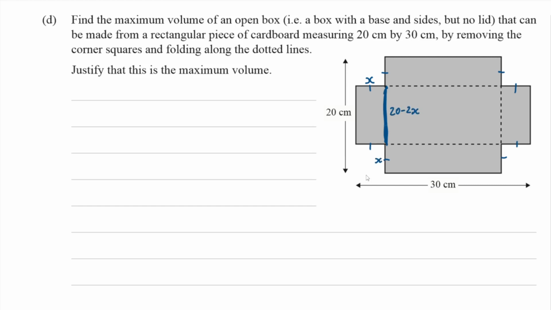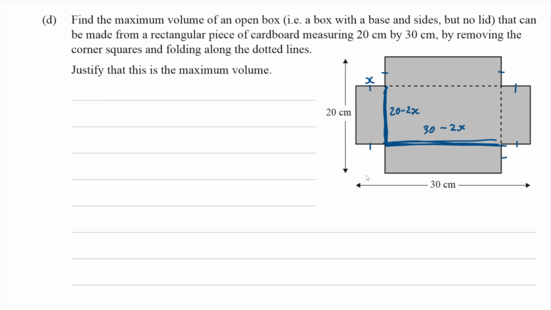Right, so that x there and that x there are taken away from the 20, and we're left with 20 minus 2x. Similarly, for the length, we have 30, right, as our maximum, minus 2x again. So we have the dimensions of our box in terms of x.